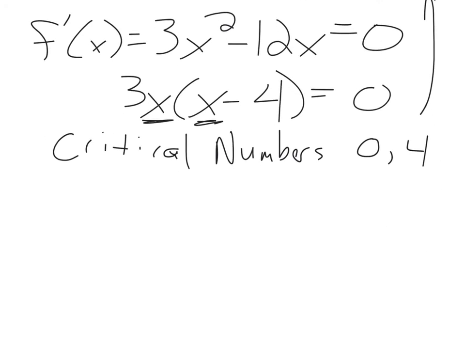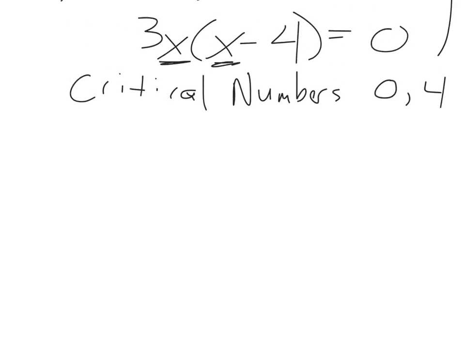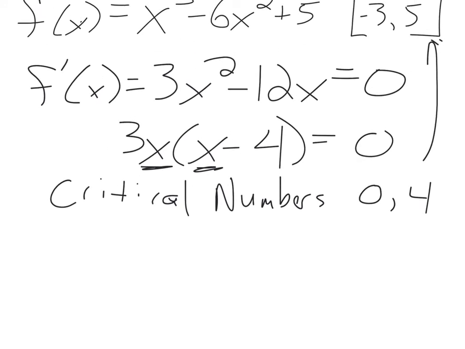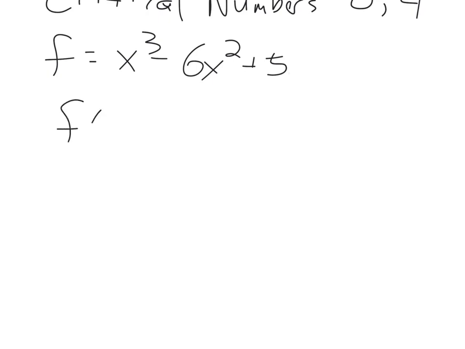All right, so scrolling up here, let's see. F of 0. I suppose I could rewrite down f here. So f is x cubed minus 6x squared plus 5. So f of 0 is 5.